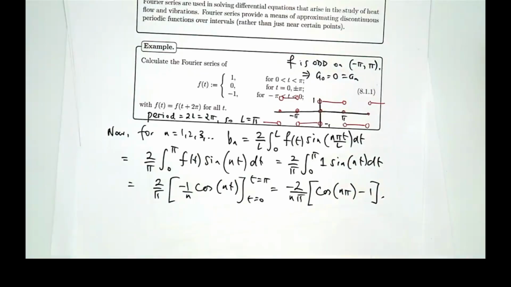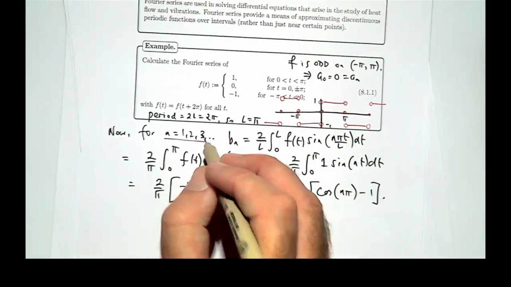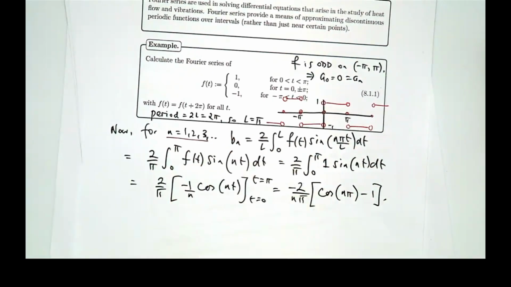Cos n pi for n equals 1, 2, 3. How can we simplify cos of n pi? So cos of pi, cos of 2 pi, cos of 3 pi, cos of 4 pi, cos of 5 pi, cos of 6 pi, cos of 7 pi. Okay? Can we simplify that? That format is good enough, but it's still not as simple as we can make it.